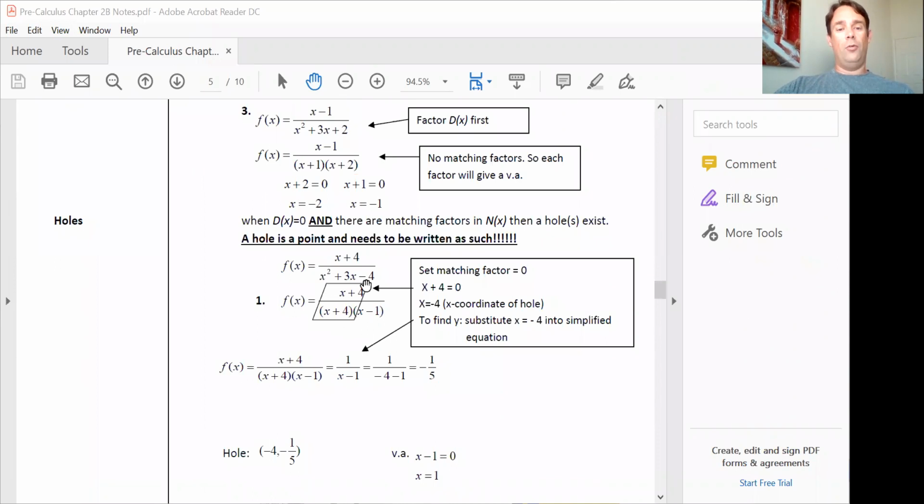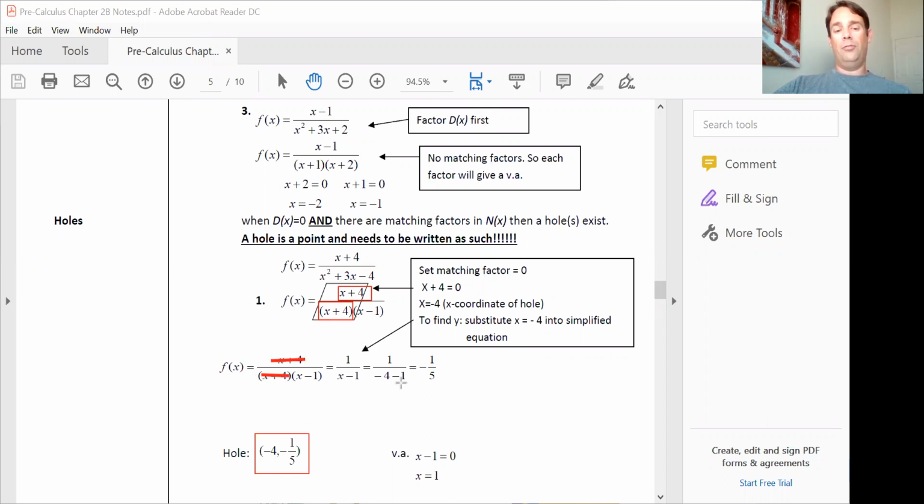And here's the idea of a hole right here for you again. You can kind of see what we're talking about. It's that factor that exists in the numerator, but also happens to exist in the denominator. That gives us the x value of our hole, and when you plug it back into that new function, notice right here, they took out that factor and they canceled it out, and that left them with 1 over x minus 1.